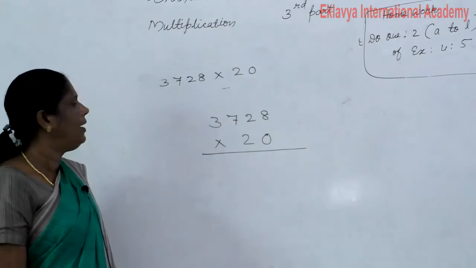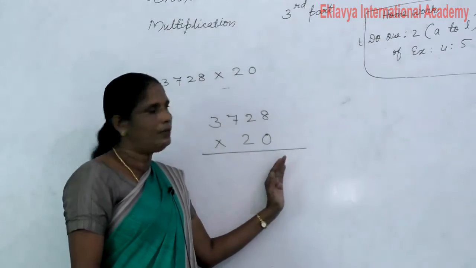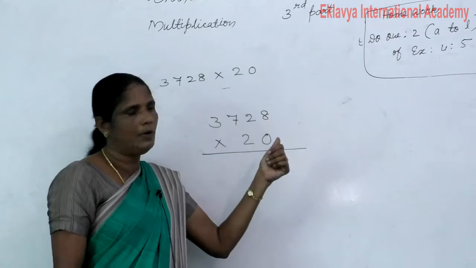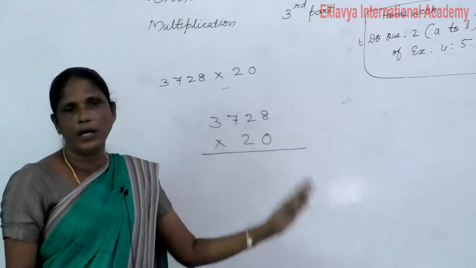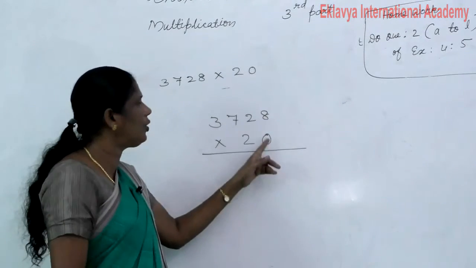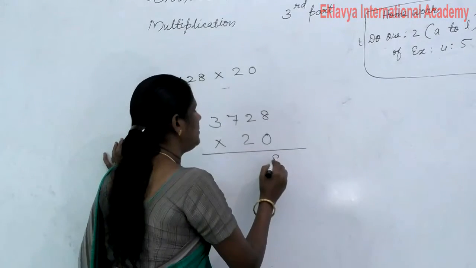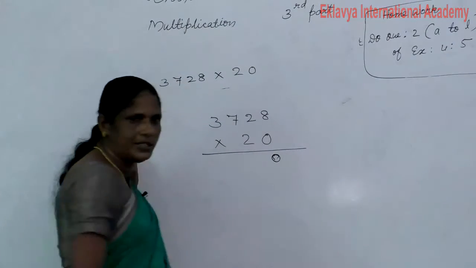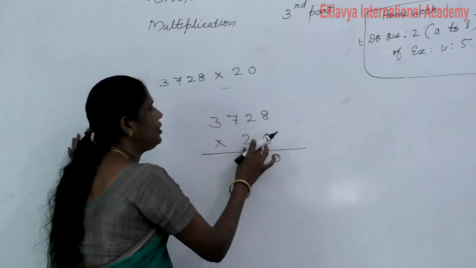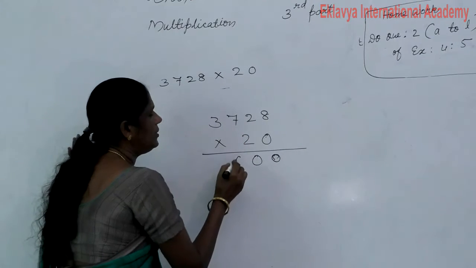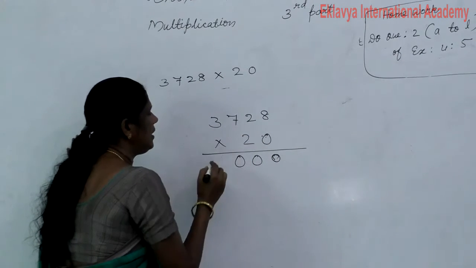Then first you multiply the ones place. We start with the ones place. 0 8 ja 0, 0 2 ja 0, 0 7 ja 0, 0 3 ja 0.